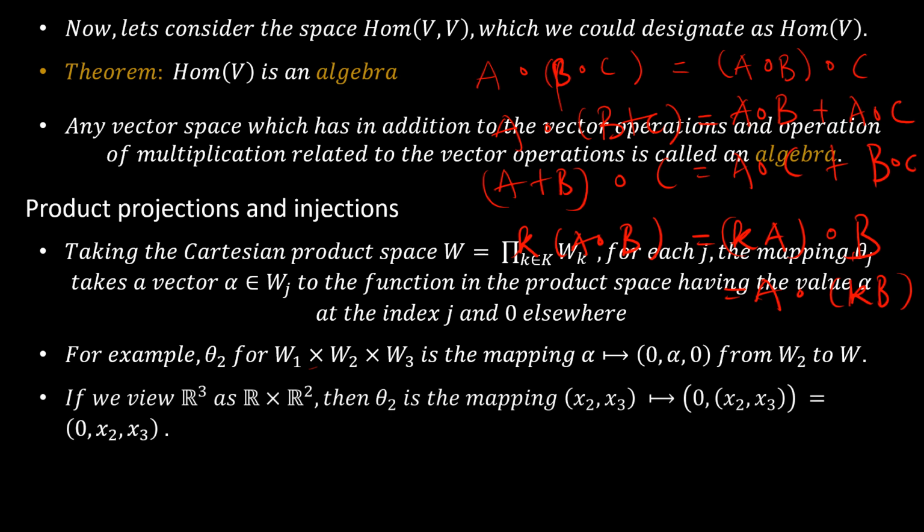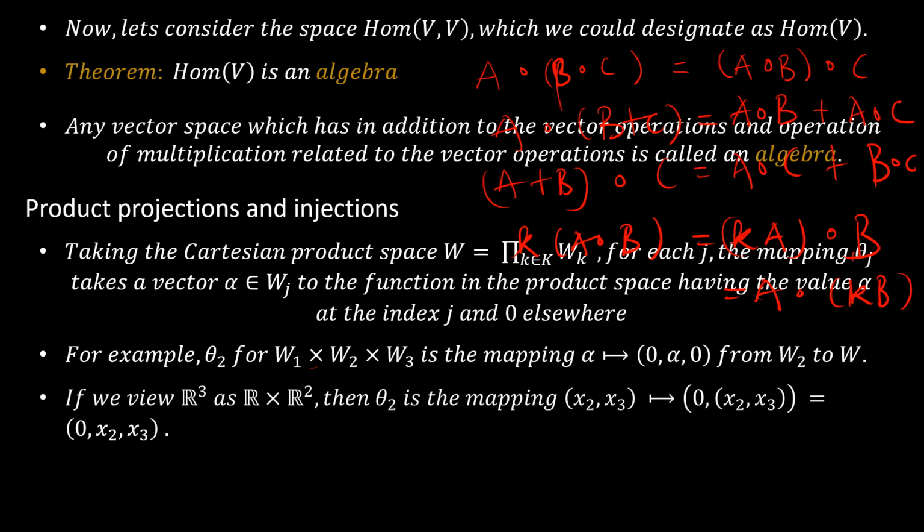If we review, for example, if we look at the three-dimensional Cartesian space as R times R squared, then theta 2 is the mapping from this two-dimensional space to this position.